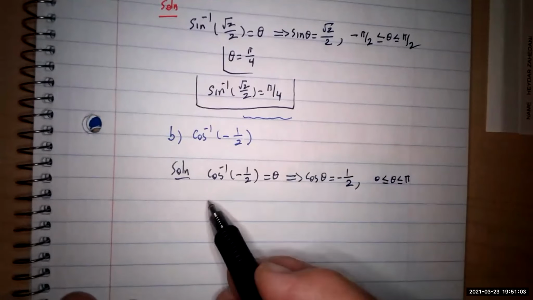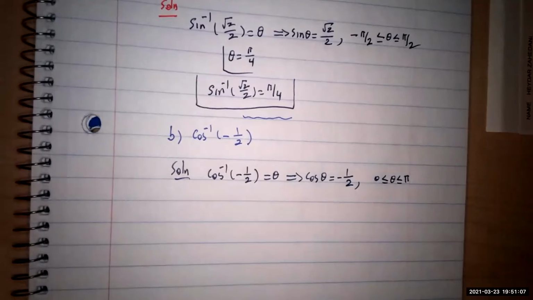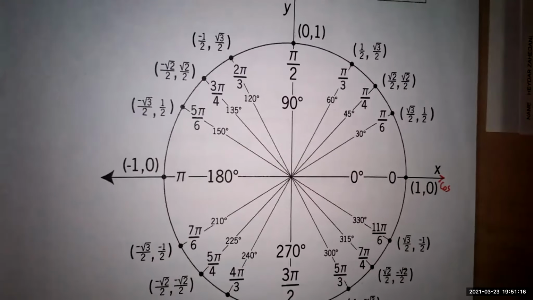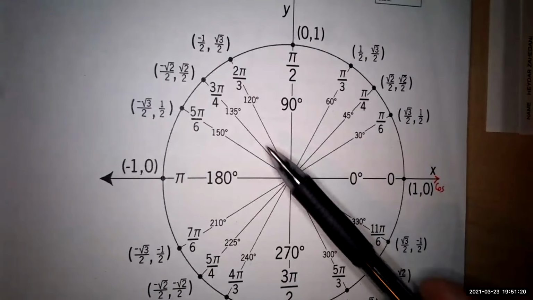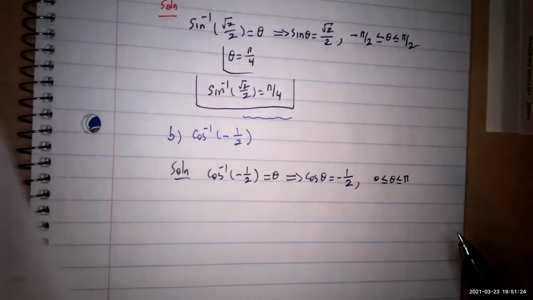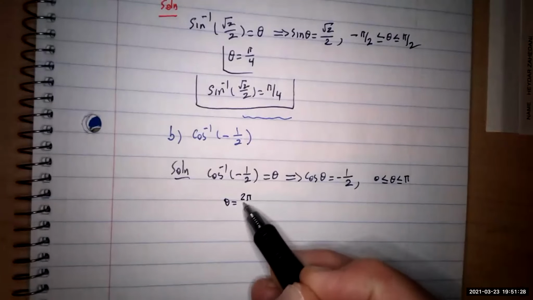If you use your table, you see you are in the second quadrant and you want to find the cosine. Cosine is the first component. So this is going to be 120 degrees or 2 pi over 3. So theta is equal to 2 pi over 3.